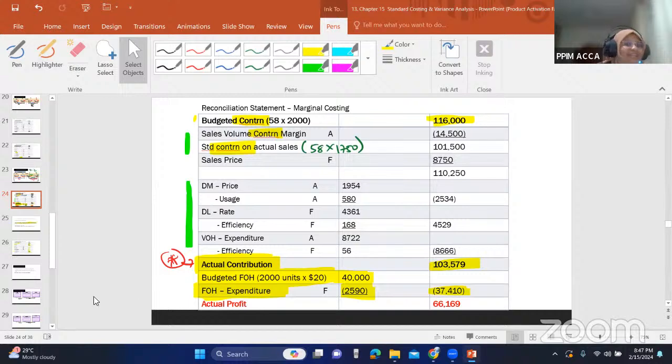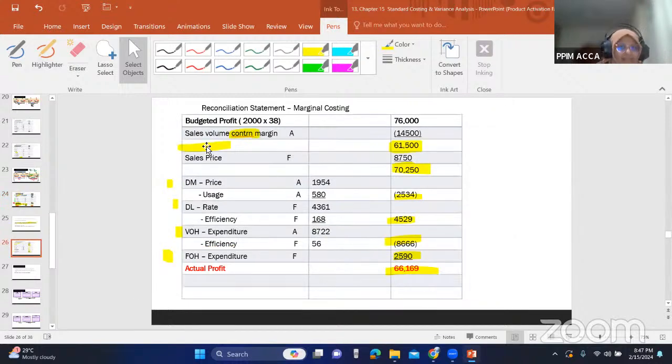If you do the reconciliation statement like this, reconciling budgeted profit and actual profit, and it's a marginal costing based company, then unfortunately there is no way for you to calculate the actual contribution. That's a disadvantage. You have to live with it if you want to present the statement like this.